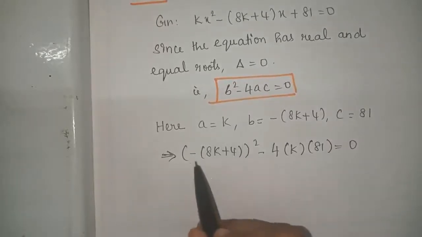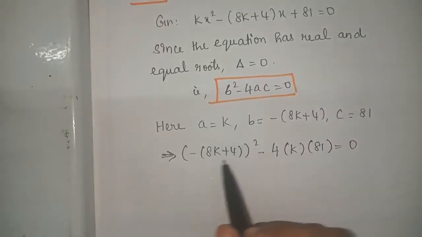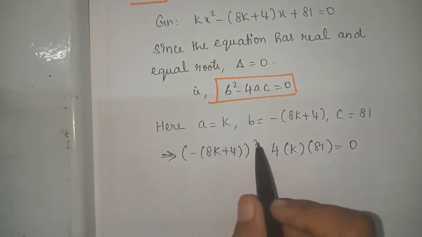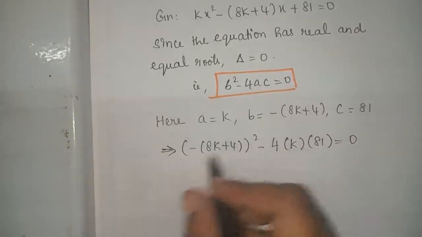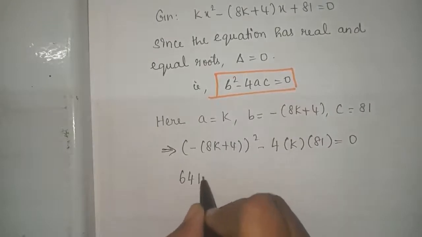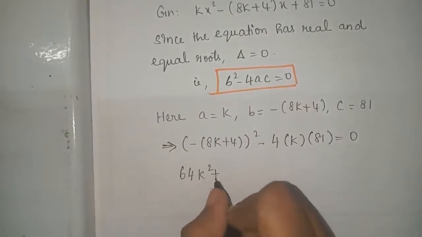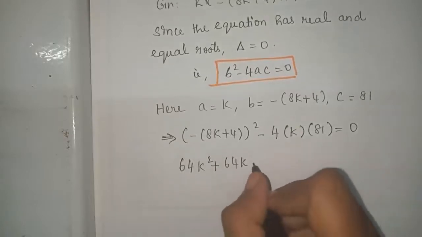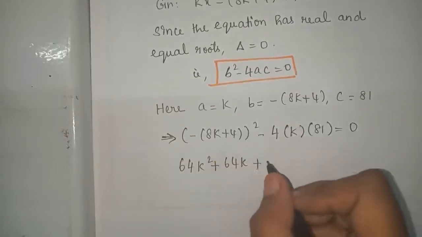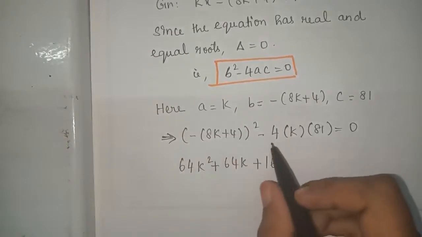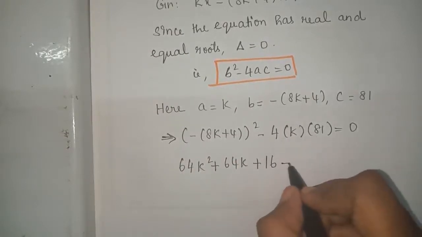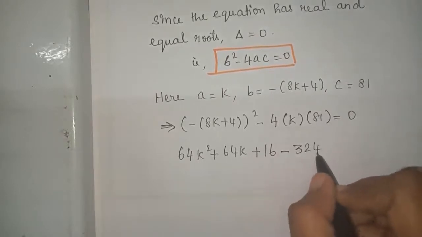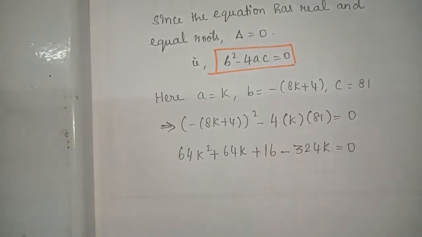If you take the whole square, minus square will be plus, and use the (a + b)² format. So (8k)² is 64k², plus 2ab, that is 64k, plus b², that is 4² is 16. Then minus 4 into 81 is 324k, equal to 0.